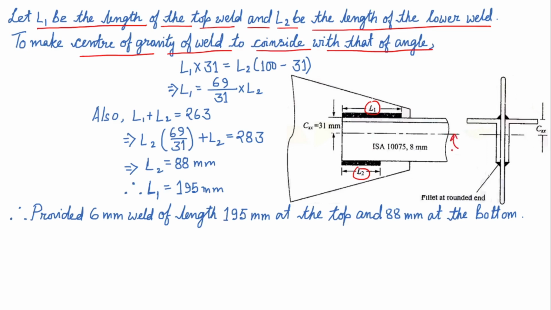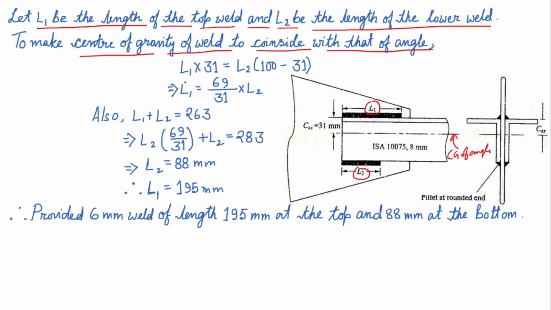This is the CG line of the angle. If this doesn't happen, then there will be some eccentricity, and due to eccentricity the connection will not be in equilibrium.